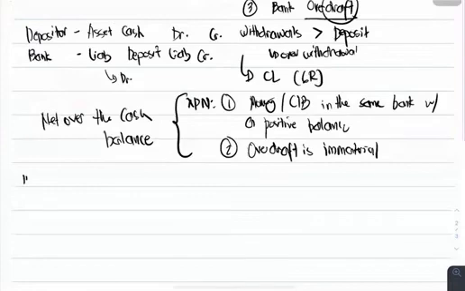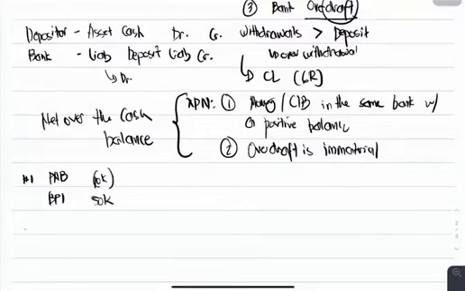So number one example, PNB, BPI. Okay, so you have here PNB of negative 10,000, BPI of 50,000. Question, how much is your cash? How much is your current liability? Okay, so we have a bank overdraft over PNB.